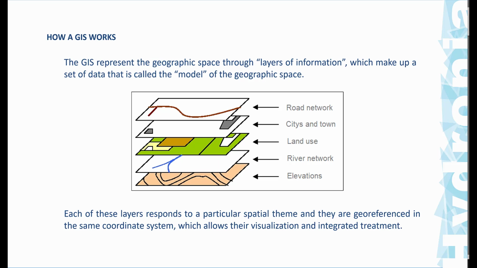For example, if the system to be modeled is a hydrographic basin or a watershed, the model could contain a layer with the terrain elevations, another layer that will represent the soil units, another layer that would have the vegetation cover and land use units, another layer for the drainage network, and so on and so forth. In this way, you could have all the elements required to perform simulations in a watershed system.